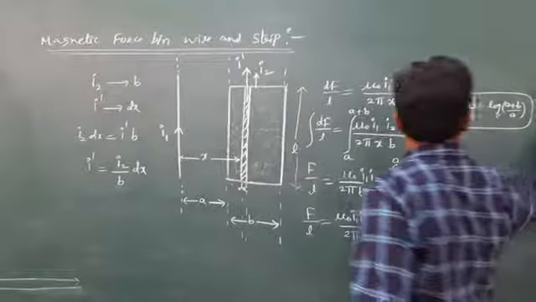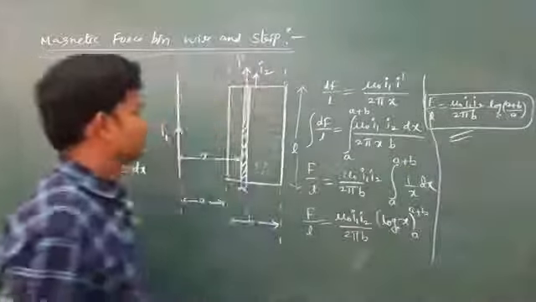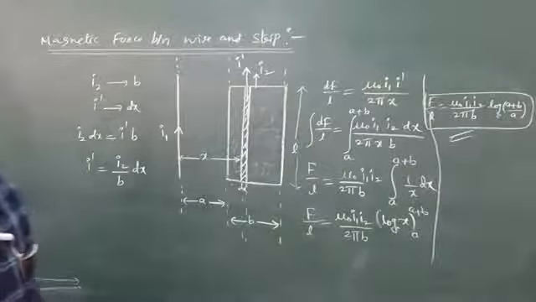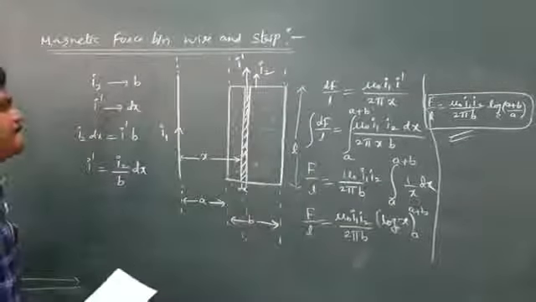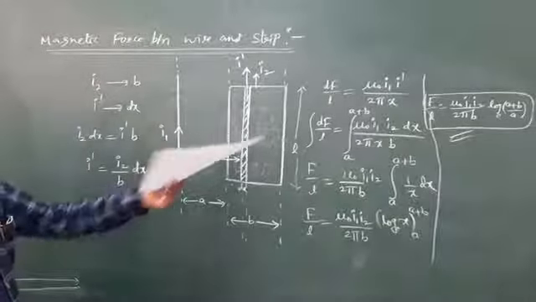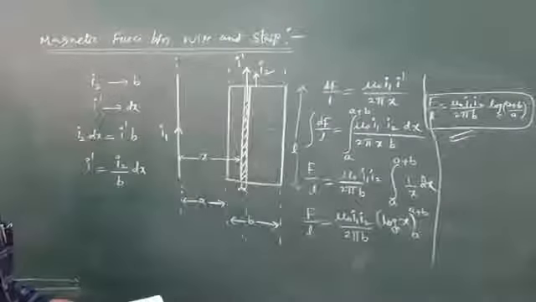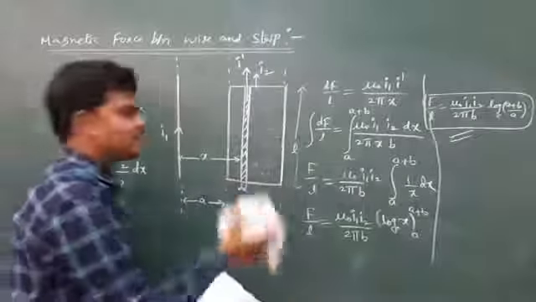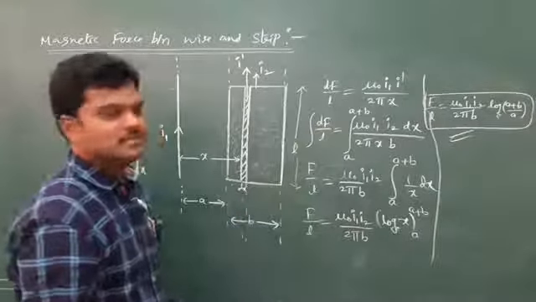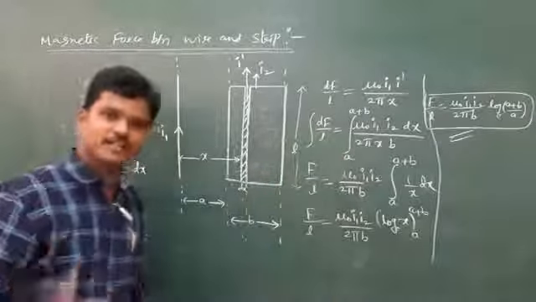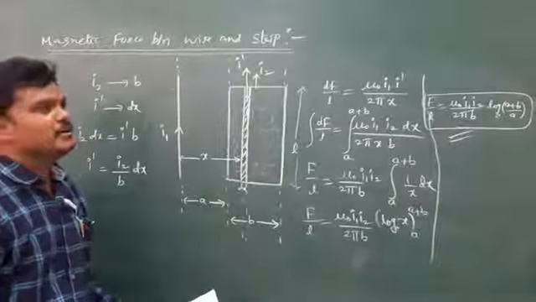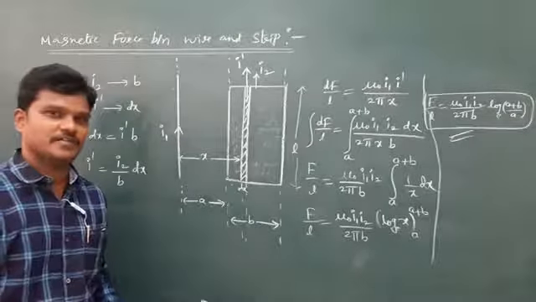If they give the I1 value and I2 value, you can substitute I1, I2, and A, B if they give the starting and ending values, and you will get the log of some numbers. Definitely that log of numbers will be mentioned in the question paper, so no need to worry or remember log values and exponential values.